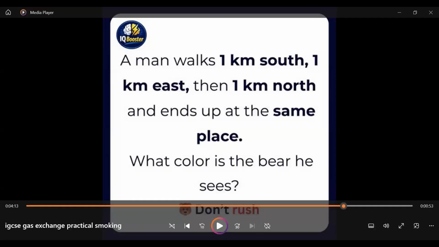You can also send your answer through chat. Oh, it's a little bit slow. Few of them found it, it seems.